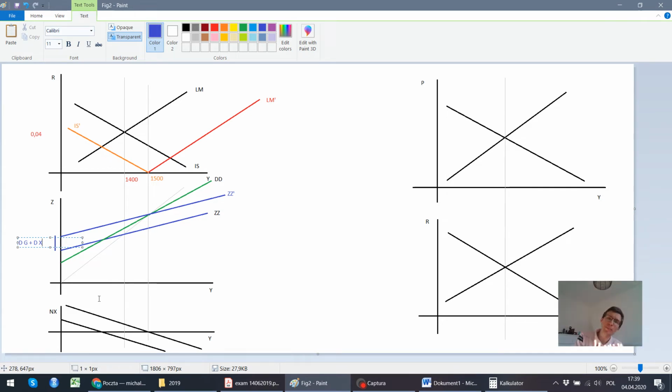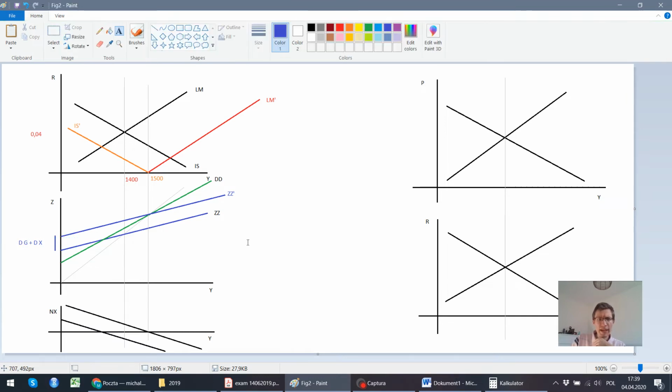It's not that exports is increasing; it's rather that imports is decreasing. That we observe that there is a trade balance right now, and that NX curve is shifting upwards. Okay, and then what's happening to the DD curve? And it's a bit unfortunate in a way that I drew it.